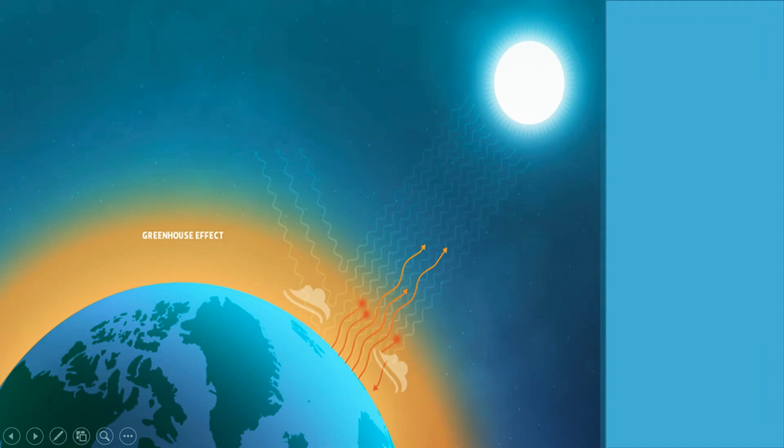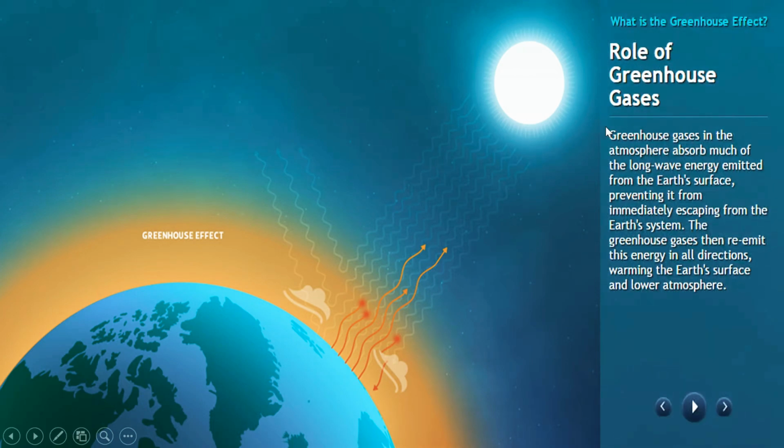However, if the greenhouse gases become dominant or prominent in the Earth's atmosphere, anong effect? Mahihirapan i-reflect yung mga excess energy coming from the sun. So the tendency, the Earth becomes warmer.